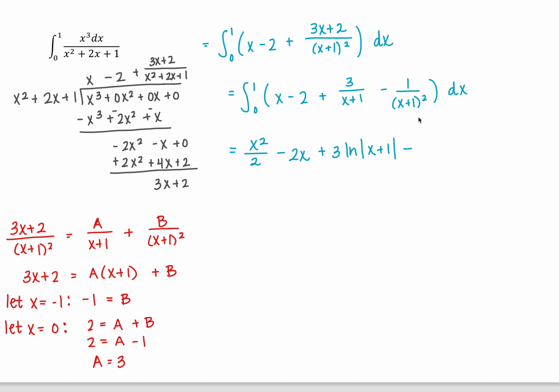I can integrate that with the power rule, so it'll give me x plus 1 to the negative 1 power divided by negative 1. That divided by negative 1 is going to turn this negative to a positive, so I'm left with 1 over x plus 1 to the first power in the denominator there.